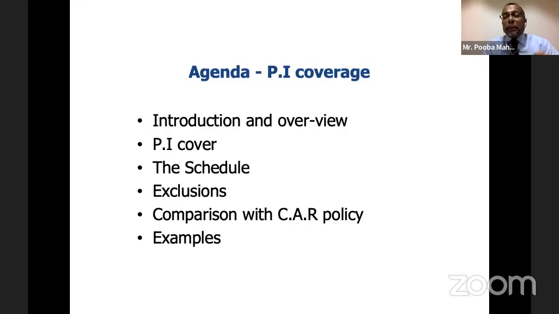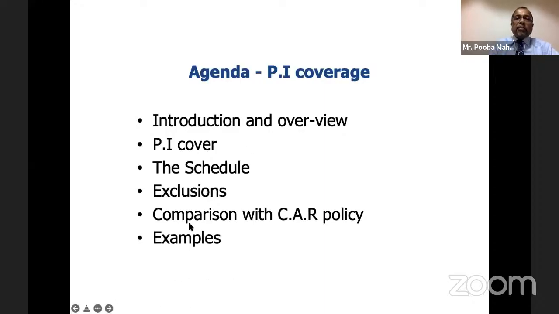PI is professional indemnity insurance, normally taken by consulting engineers, while CAR policy is taken up by contractors, the builders, the subcontractors, the suppliers. They may want to take the CAR policy, construction all risk policy. So there are two distinct topics. I'll touch a bit on the CAR policy later, but today's focus is going to be on the PI policy.